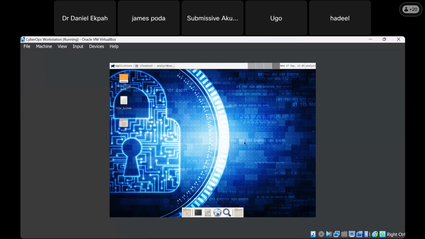And so this is the condition here. After the Firefox window opens, start a tcpdump session in the terminal.